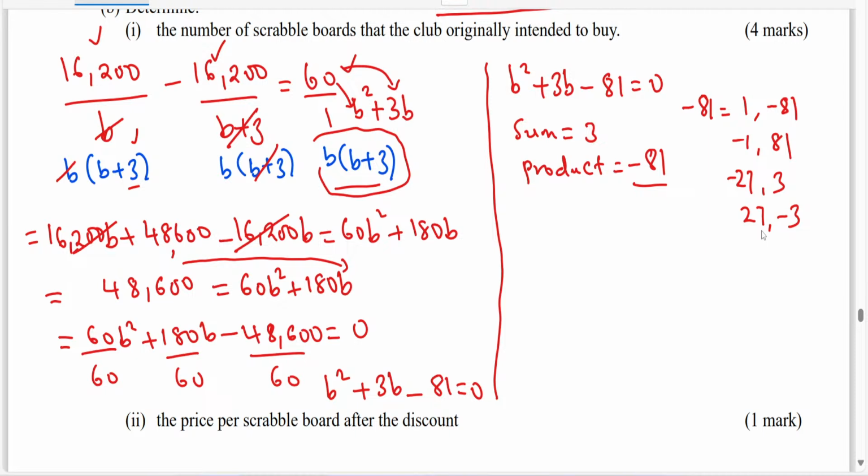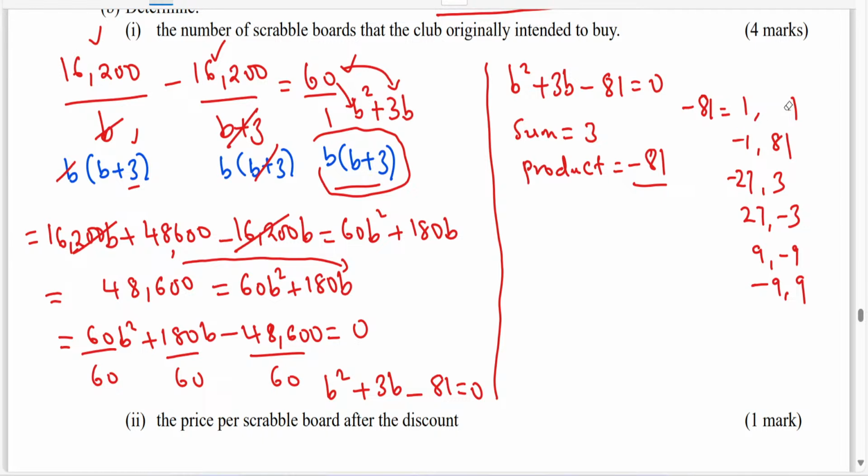The other combination 9 negative 9 na negative 9 na 9. But I think the most good combination ni hii hapa. The sum should give you 3. Which two numbers if I add itanipa 3, niki multiply itanipa negative 81. Is it negative 81?